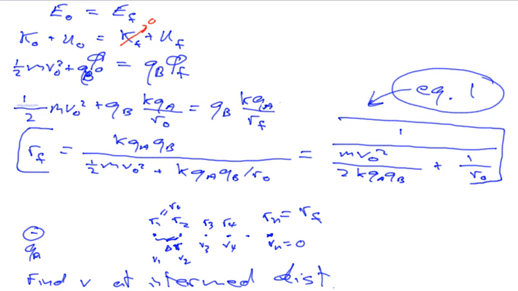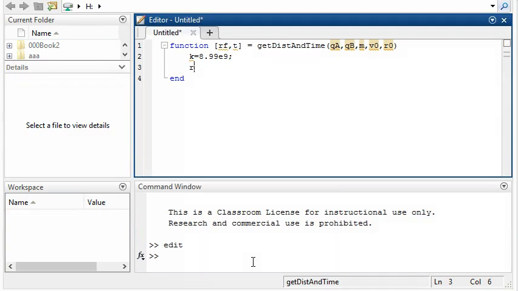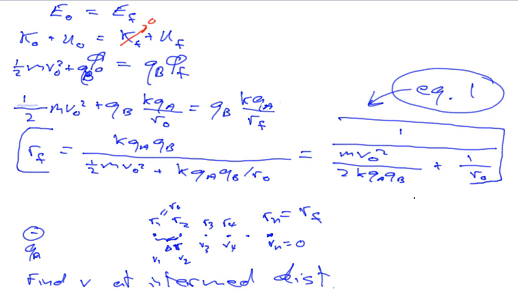I think I'll reverse the order of the denominator for no good reason. RF equals 1 over, and then there was 1 over R0, then plus, I think, 1 over R0 plus m v0 squared over 2 times stuff.